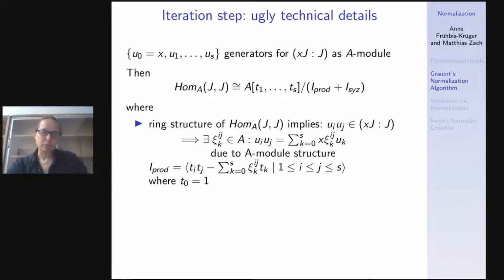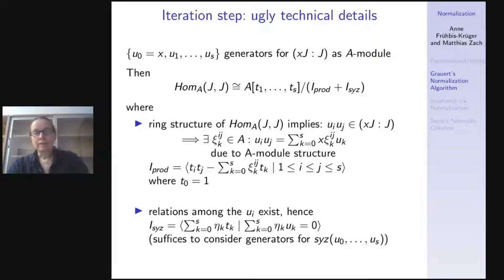And that's one contribution. The other contribution comes from the fact that, of course, there can be relations among the ui. So if we have relations, then the other ring, the ring A adjoin the T's, should also have these relations. And therefore, we artificially add those relations to the T's by just transforming the relations among the ui.